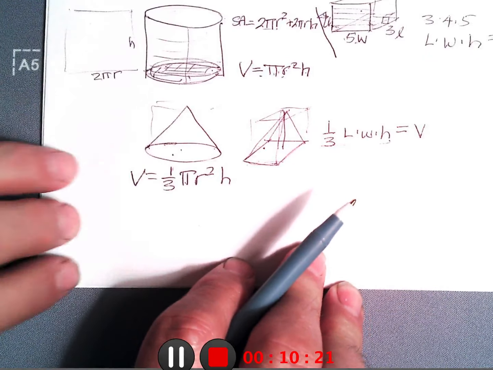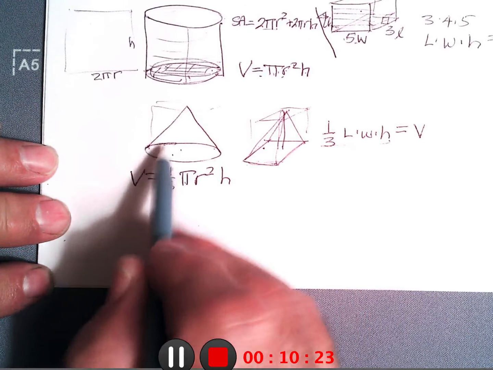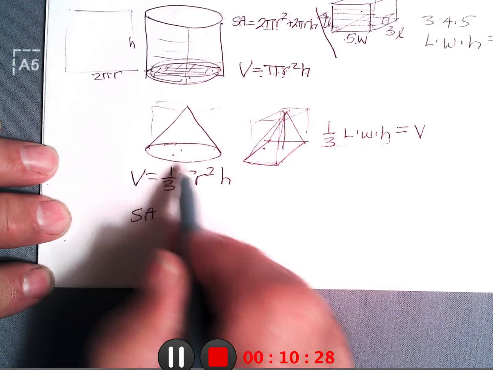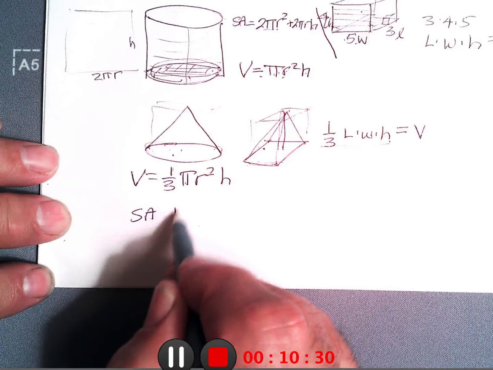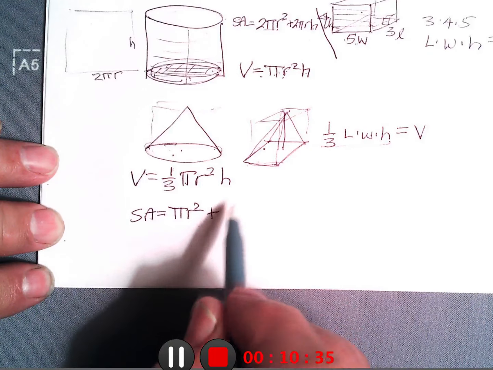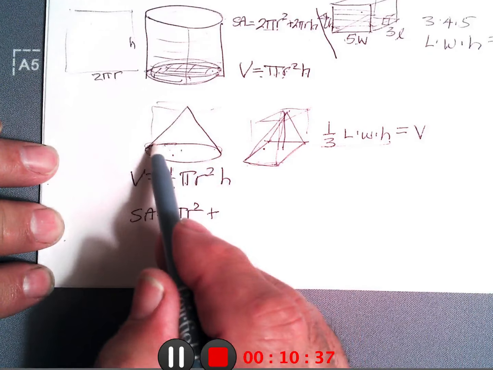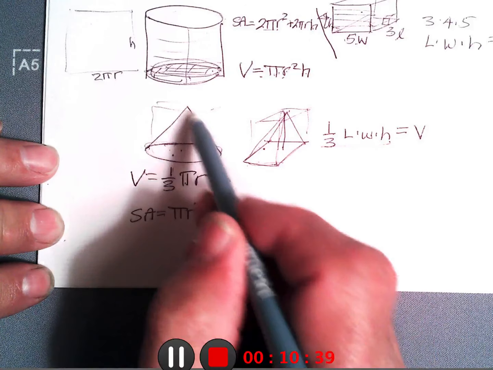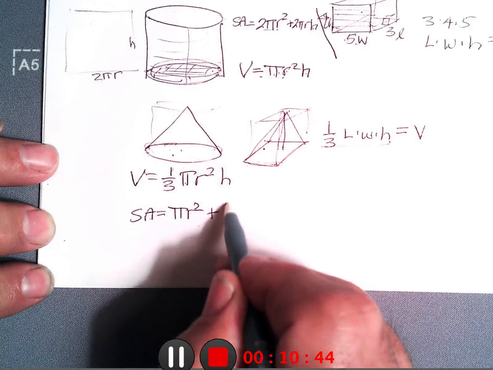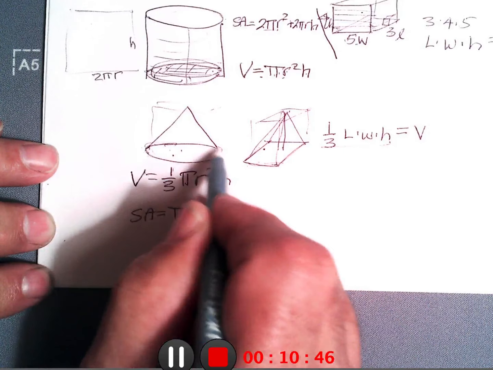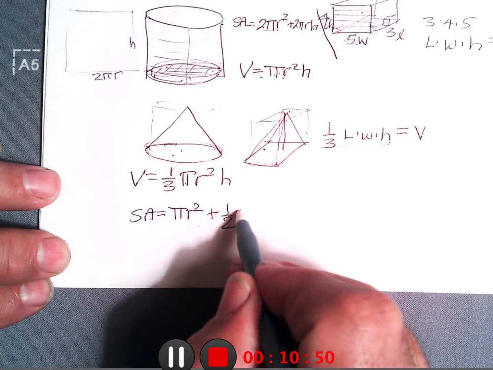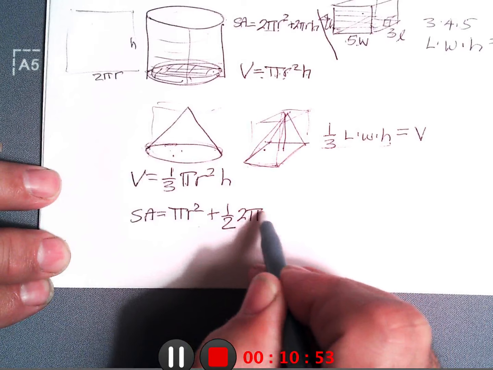Okay, the surface area of a cone, well, clearly the surface area has a circle for the bottom, but it also has this shape that's kind of like a triangle spun around. And so the triangle is 1/2 the base. Well, the base would be the perimeter of this circle, which is 2 pi r, times the height.